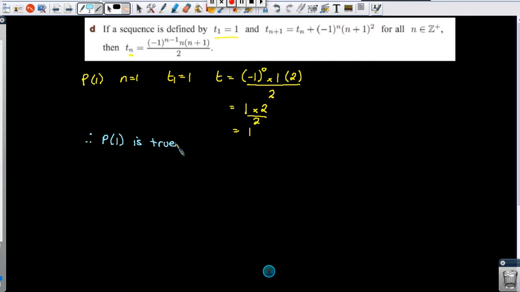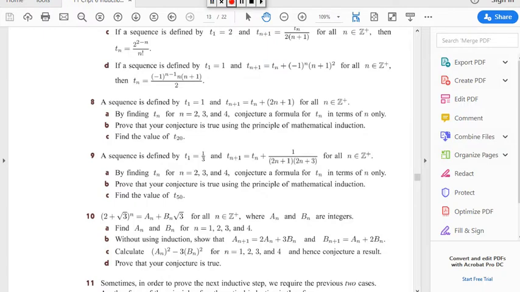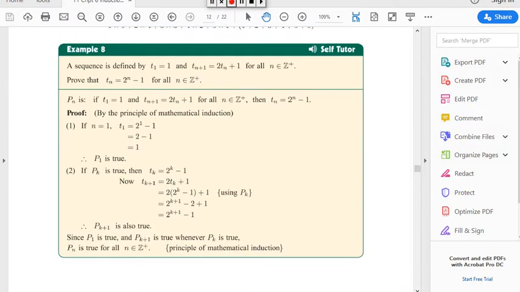Right, the next one, we want to assume or let P(k) be true. I could say assume P(k) is true, or if P(k) is true, then.